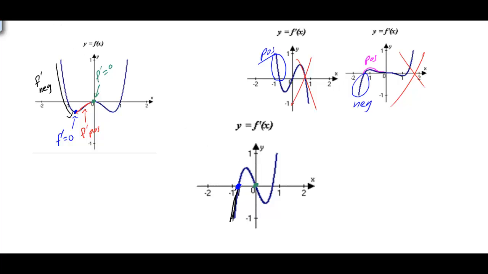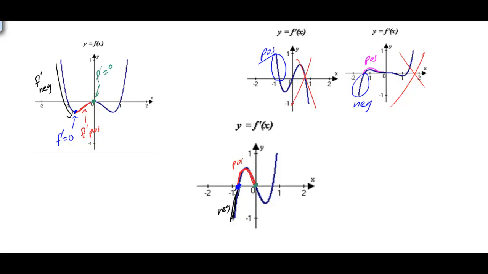And roughly from negative 0.6 to 0, we said we had a positive slope because our graph was increasing. Well, over here, notice all the way to 0, all of this is positive because it is above the x-axis. This part here was negative because it's below the x-axis.